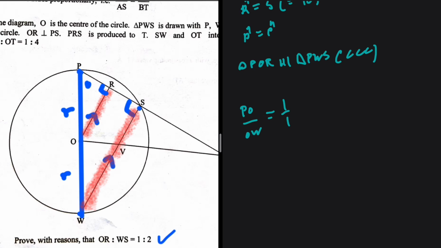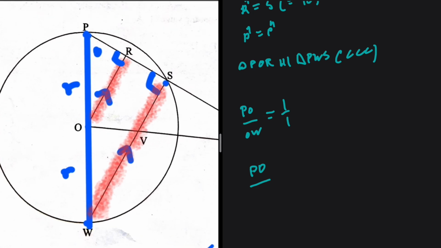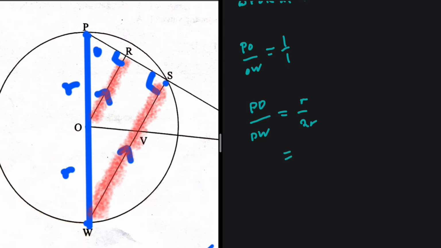But then let's look at the two triangles that we have. On triangle POR, we have a side PO. And on triangle PWS, we have a side PW. But what is PW? PW is 2R, two radiuses, right? So PO divided by PW should be equal to R divided by 2R, which is equal to 1 over 2.